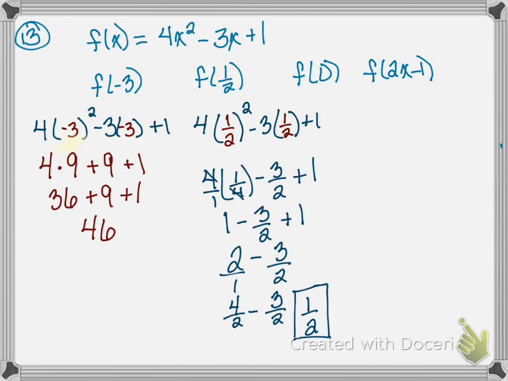Okay? So I am going to take f of 0, and I'm going to kind of move it over to the side right here. I didn't quite have enough room. So for this one, I'm plugging in 0 for any time I see an x.